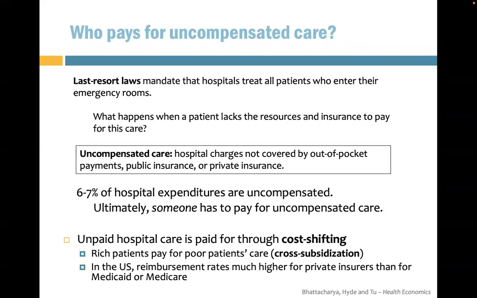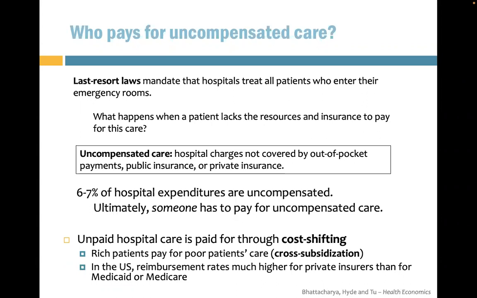Another part of this price that we want to mention is that there is uncompensated care. So where does it come from? It comes from a mandate called last resort laws. Last resort laws says that if a patient shows up in an emergency room, whether this patient has money or not, hospitals have to treat them.